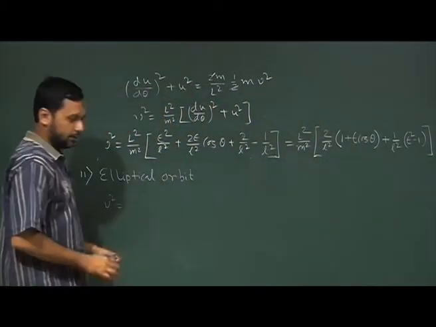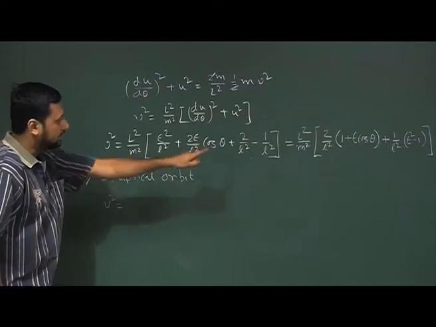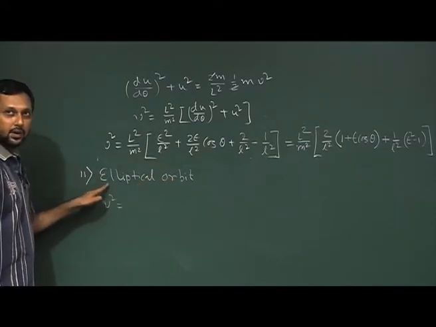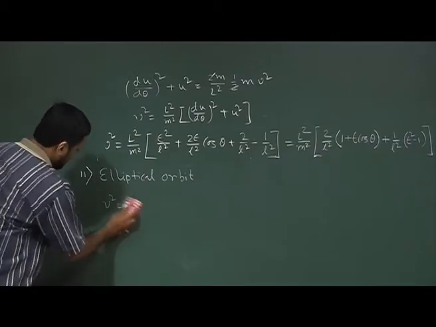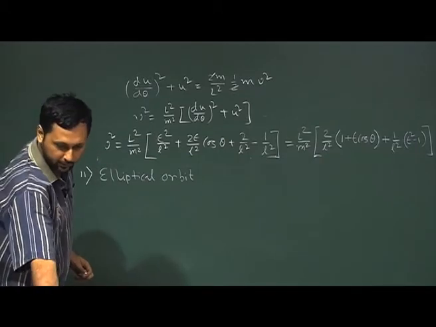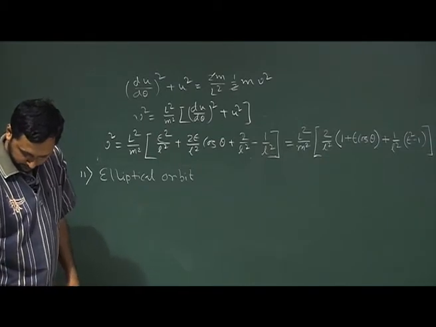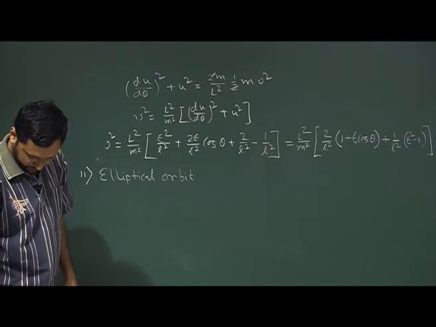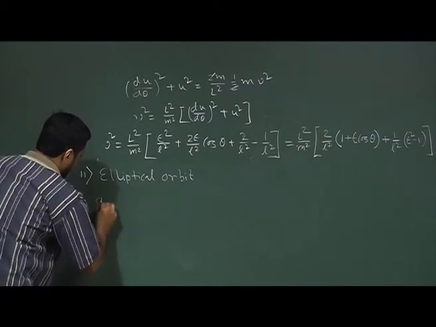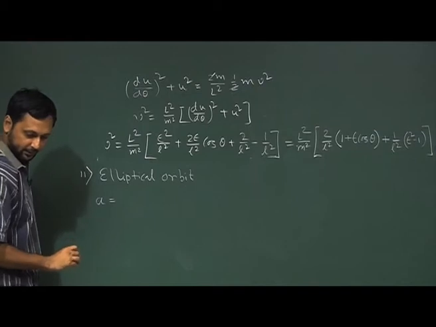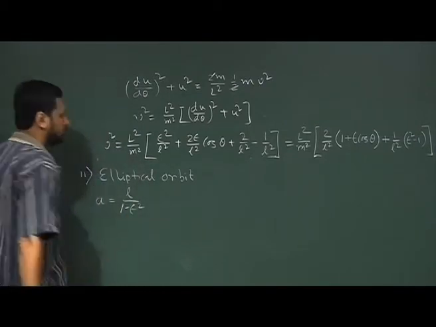Remember that we are doing this calculation for an elliptical orbit. If you recall, for an elliptical orbit, A, the length of the semi major axis, is given by L by 1 minus epsilon square.